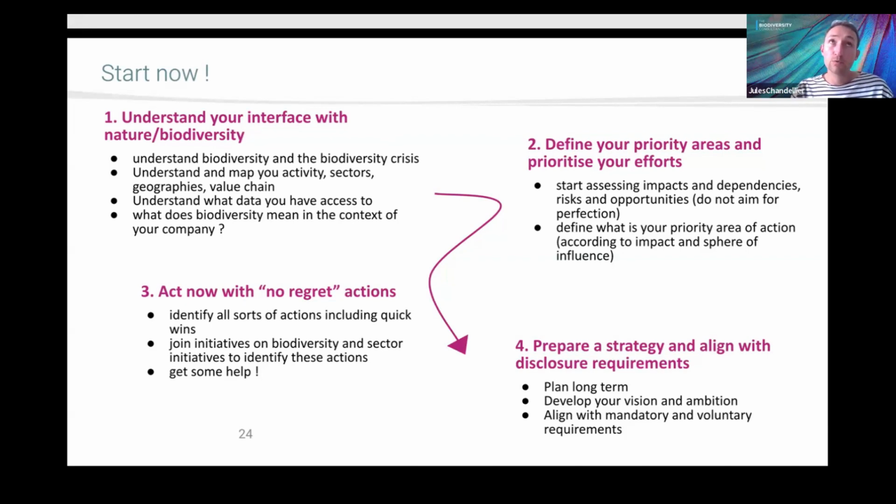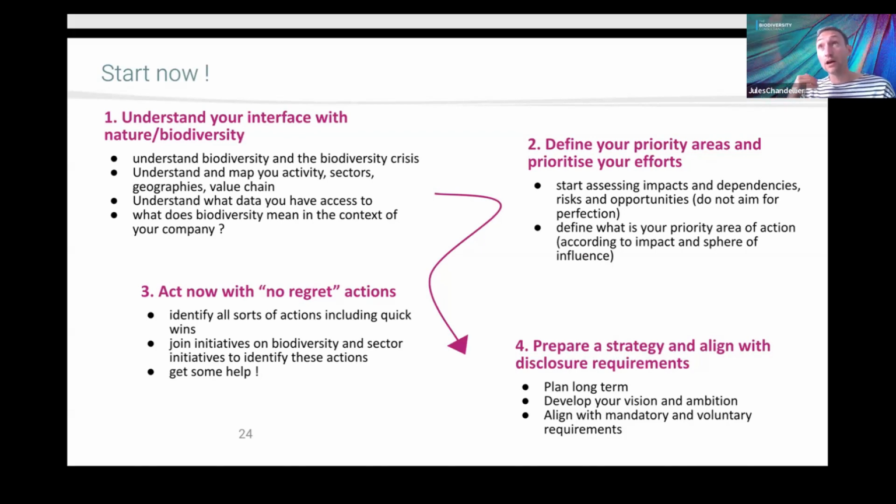And I think the fourth step would be, when you've started doing this, there's also a part where you need to think long-term, prepare a strategy and align with the disclosure requirements we talked about just before. So understanding what you want to do in the long term, to plan the resources you put into biodiversity, to develop your vision and ambition. It's great to think that biodiversity is really important for my company, but what does it mean?